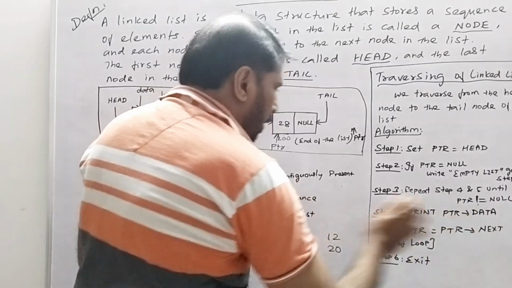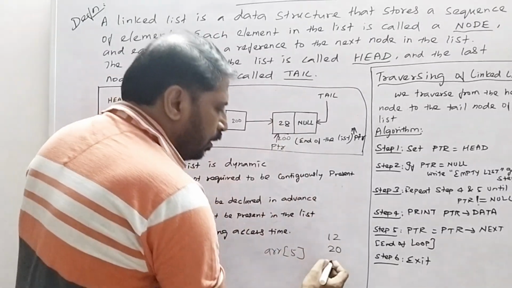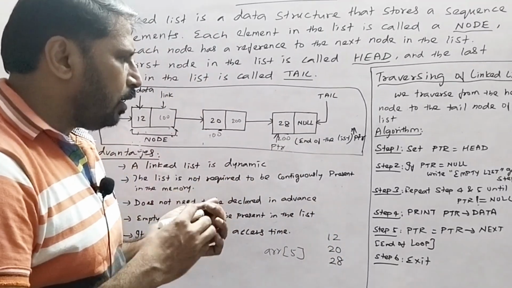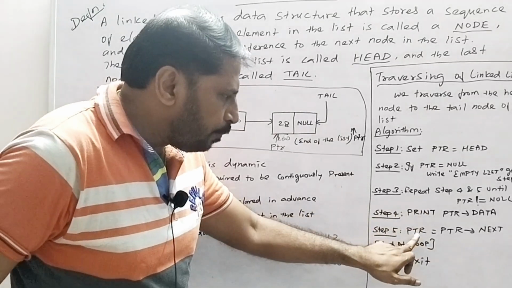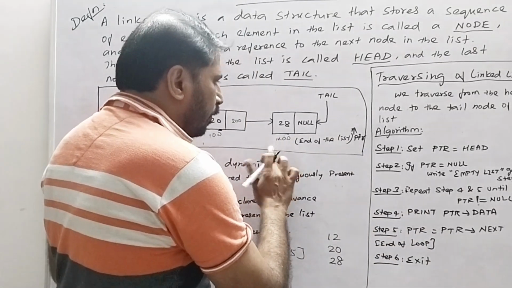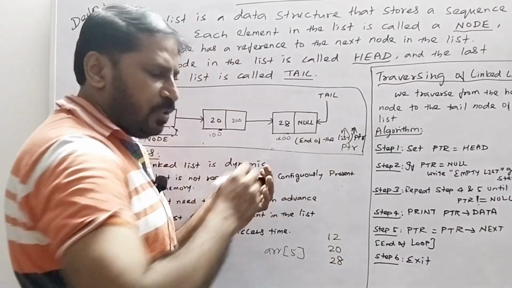Print pointer data. The data is 28, so I print 28 and move pointer equal to pointer next. Now the pointer moves from here to the next node.